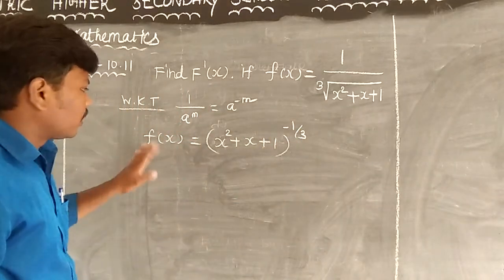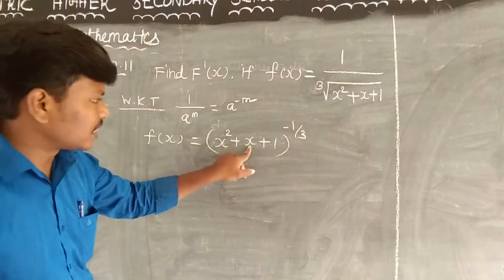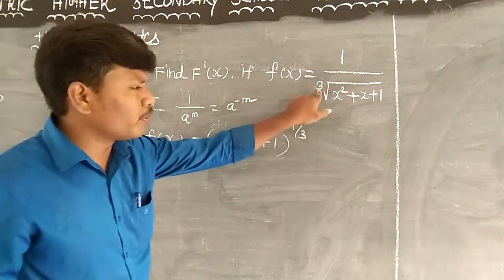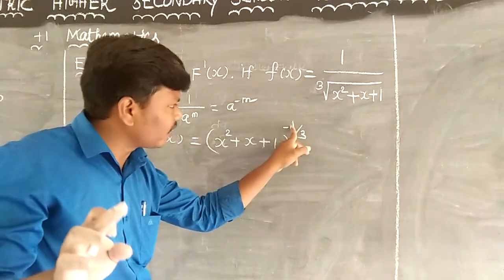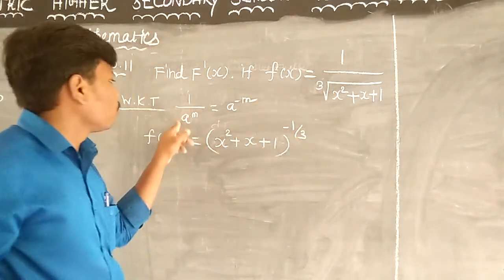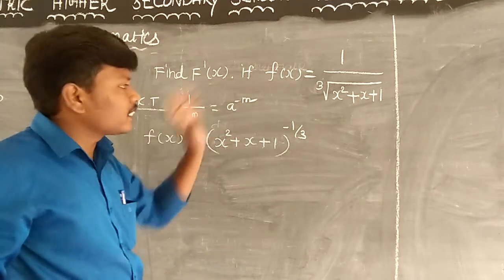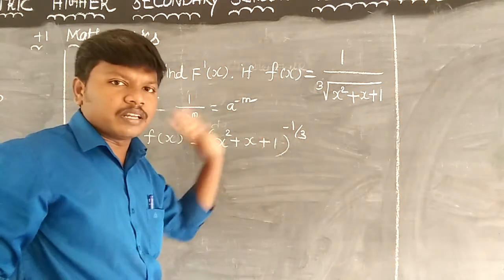Okay, so f of x is equal to (x square plus x plus 1) whole power minus 1 by 3. Because the cube root is power 1 by 3, but the form is 1 by a power m, so that's why I am putting minus.